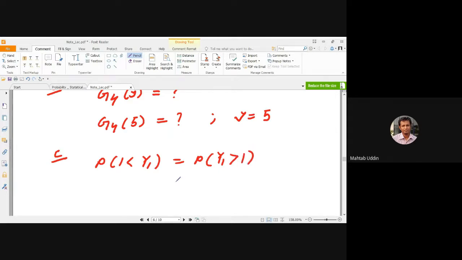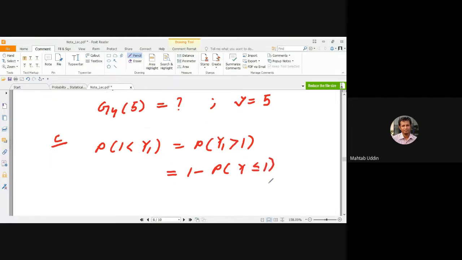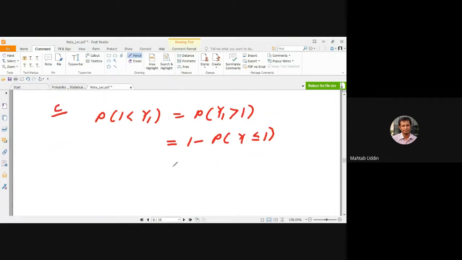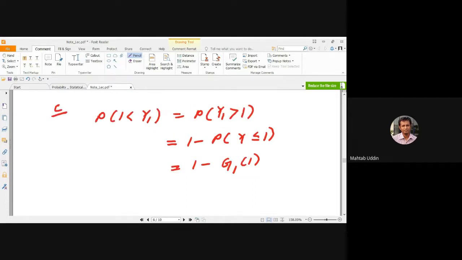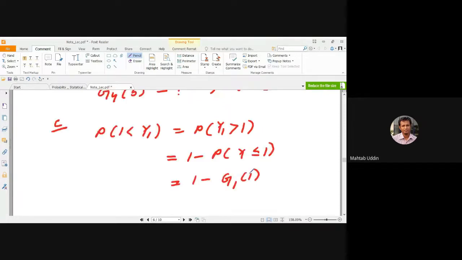So this can be written by its complement: 1 minus the probability y1 less than or equal to 1. Then 1 minus G1(1). First find G1(1), then put it here. It's your work. You understand?